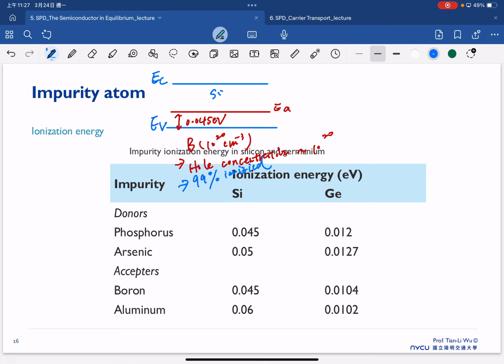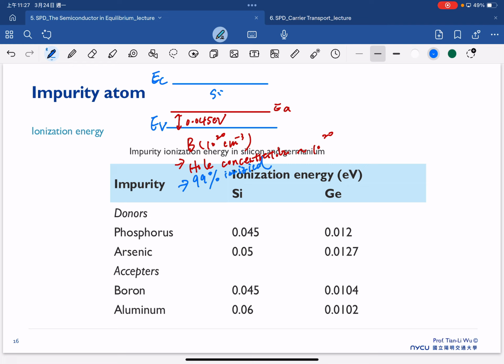Your doping of arsenic is not equal to the electron concentration because you have to take into account this ionization energy. But luckily in silicon, because the ionization energy is very small, your doping concentration can be almost identical to your electron and hole concentration. This is because we have very small ionization energy.